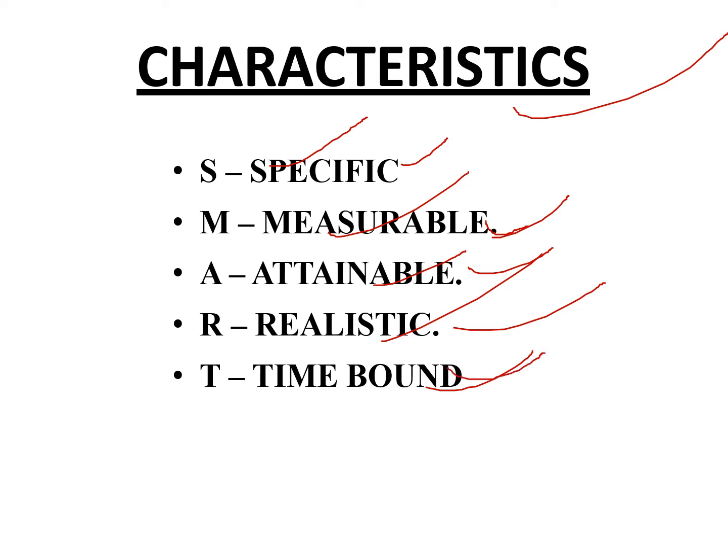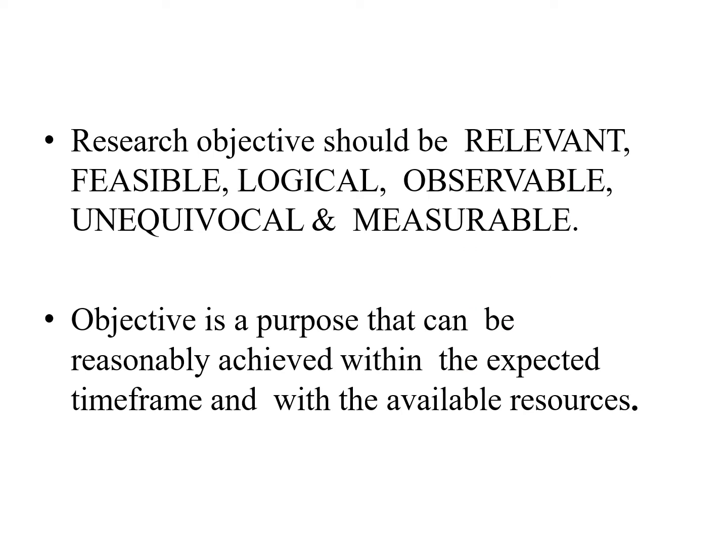When you formulate a research objective, make sure you consider how much time you have. Based on that, you formulate the research objective. Another characteristic you need to follow is that it should be relevant. The objective should be compatible with, and related to, the topic or the statement you have already formulated.